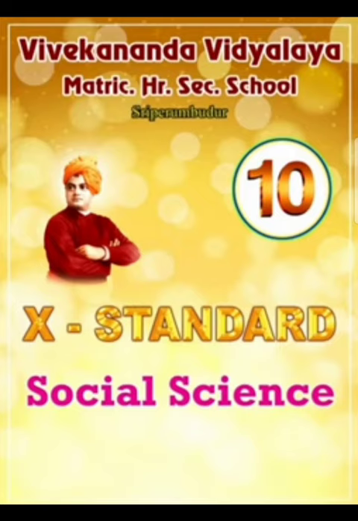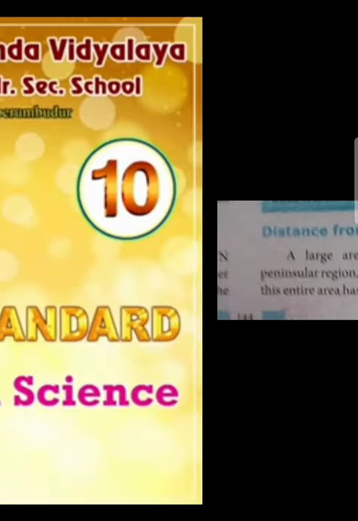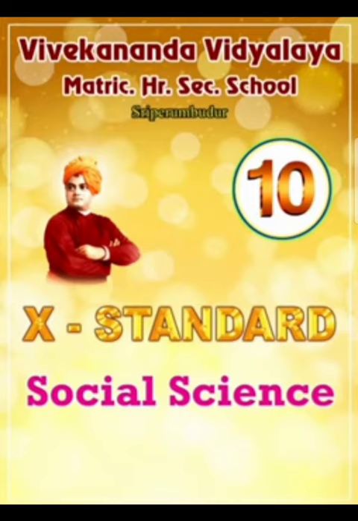Now we move on to the distance from sea, but before that, the seasons of India. Though the Indian Meteorological Department recognises 6 seasons, in India we follow only 3 seasons: winter season, summer season, rainy season. Abroad, spring season and autumn season are also maintained.